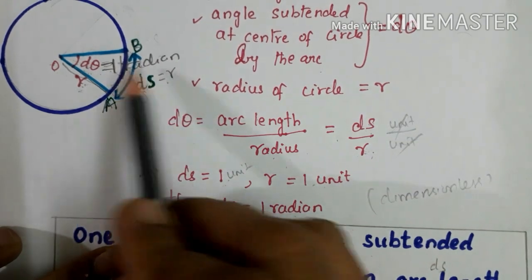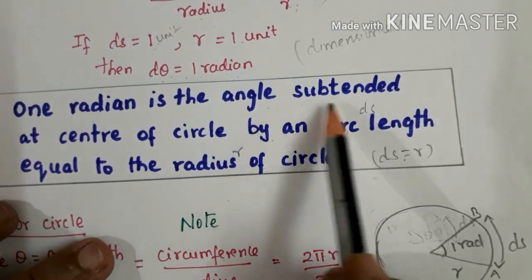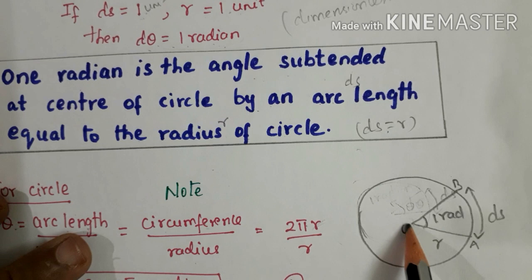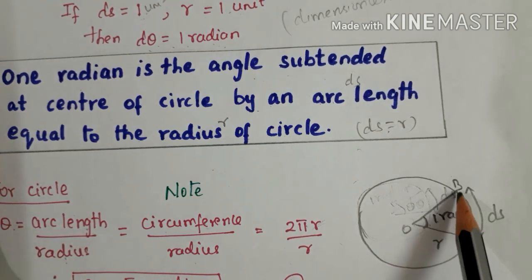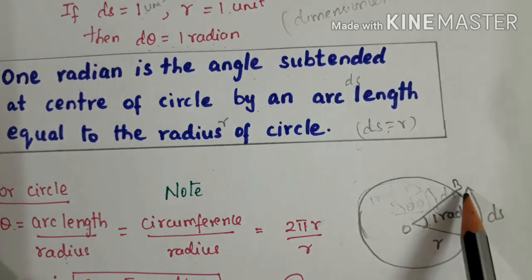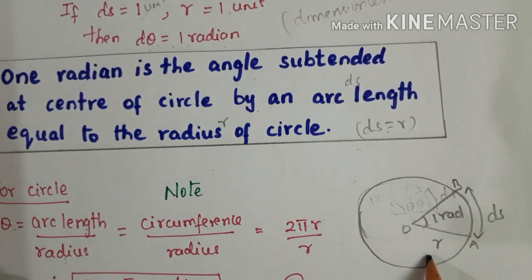When ds is equal to r, the angle is 1 radian. 1 radian is the angle subtended at the center of the circle by an arc length equal to the radius of the circle.